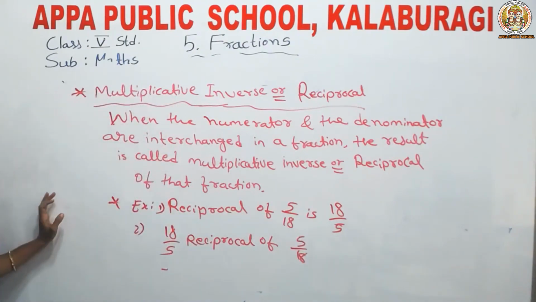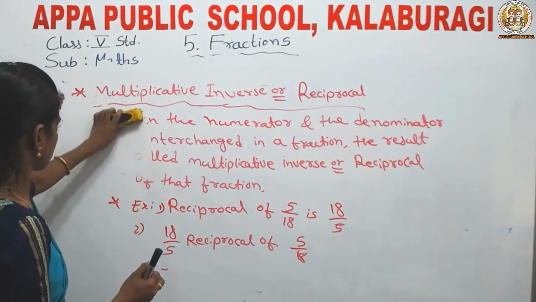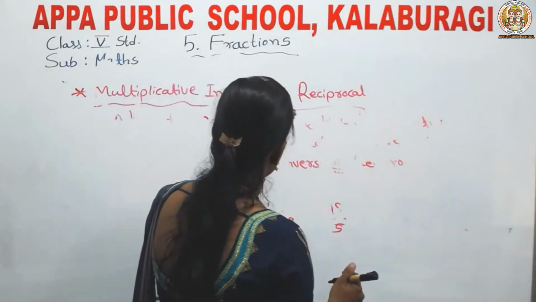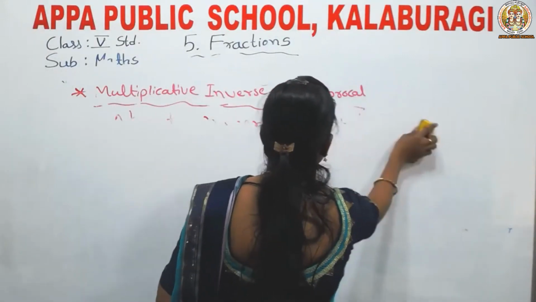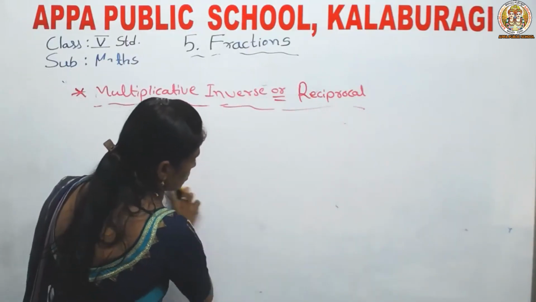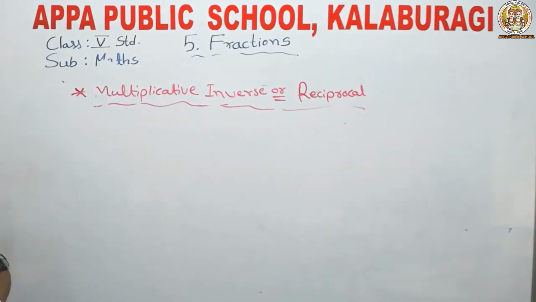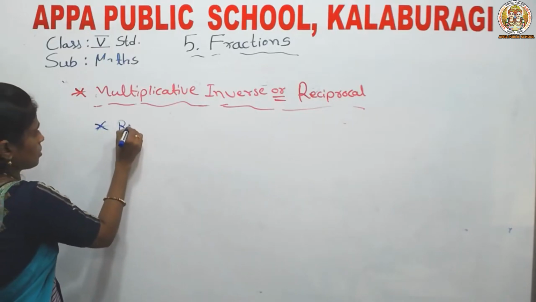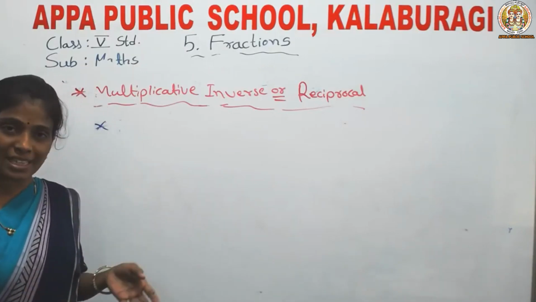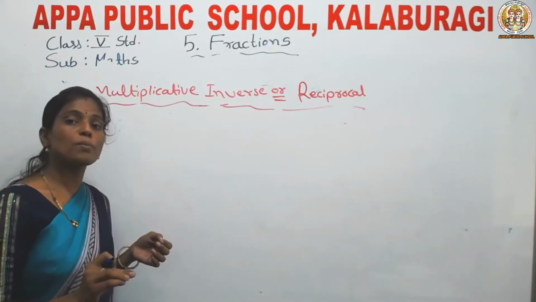Okay. Next, the reciprocal of a whole number. The reciprocal of a whole number, except 0, will have a numerator 1.